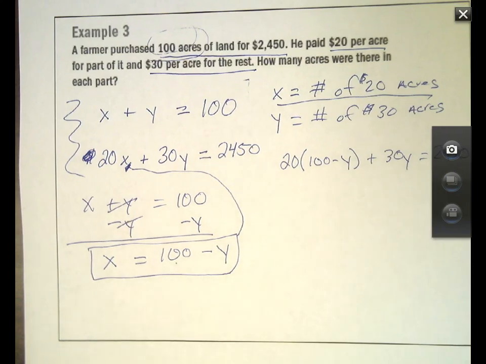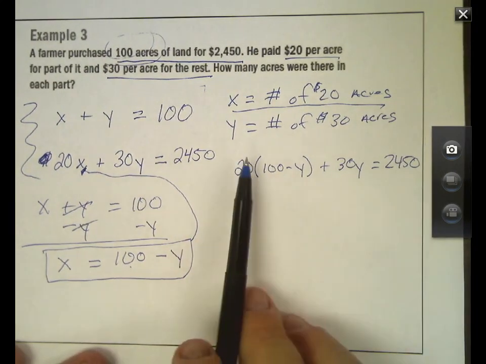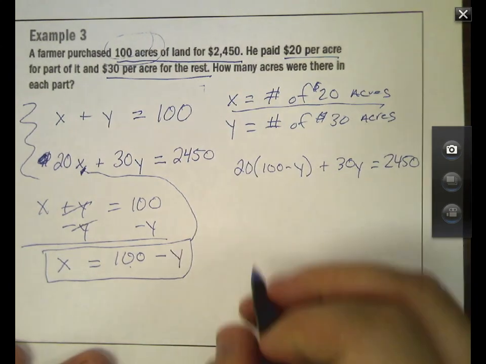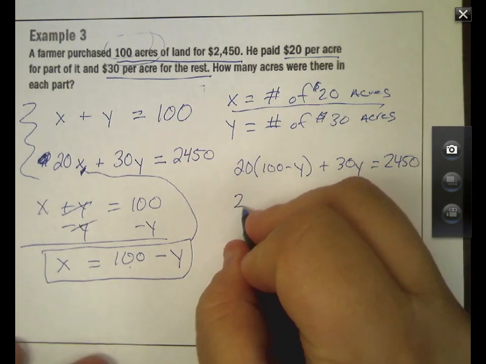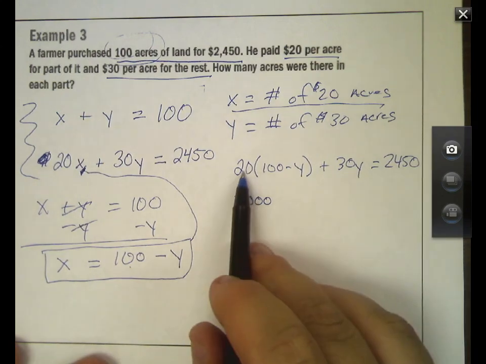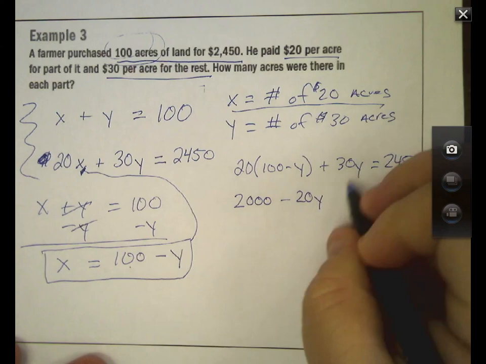Same process as a couple times before. Okay? I got to distribute this 20 through. I have to do it to every single thing. So 20 times 100 is 2,000. 20 times a negative Y is a negative 20Y.